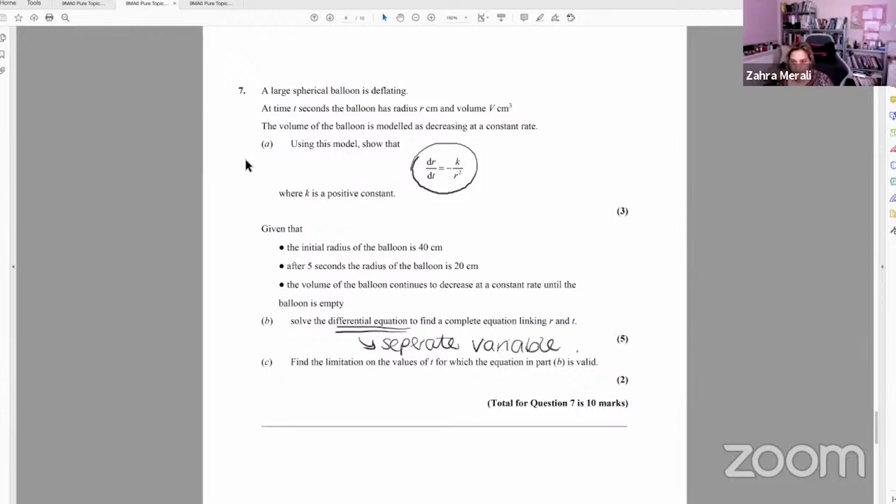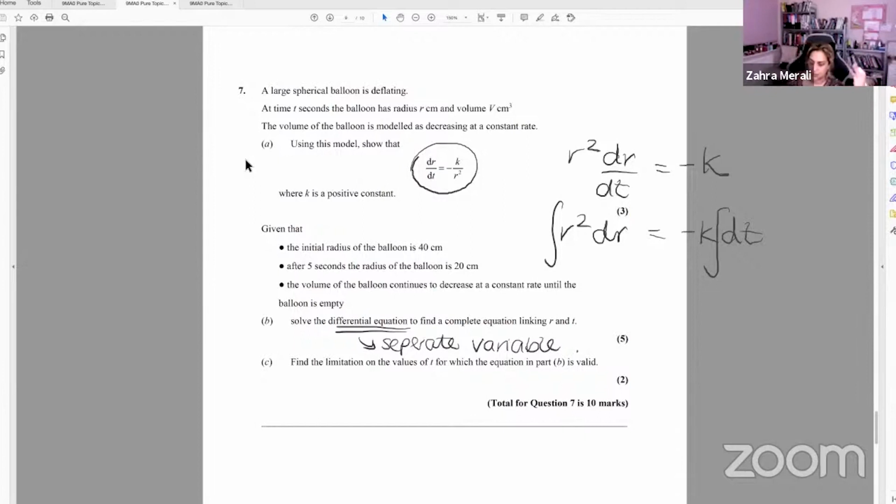So when you separate variables, you're going to bring the r squared up, so you get r squared dr/dt equals minus k. When I then bring the dt up, I straight away have to stick integral signs in. They get very lonely, drs and dts, you can't separate them without putting the integral sign in.